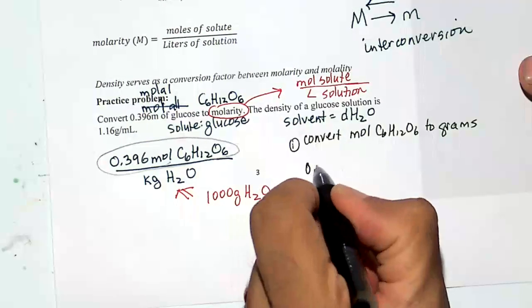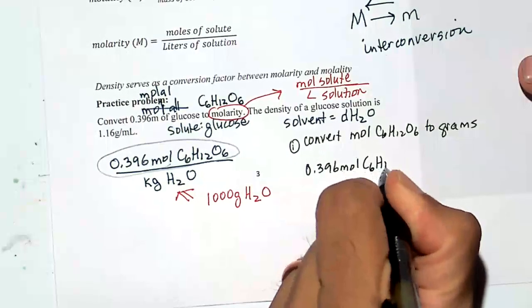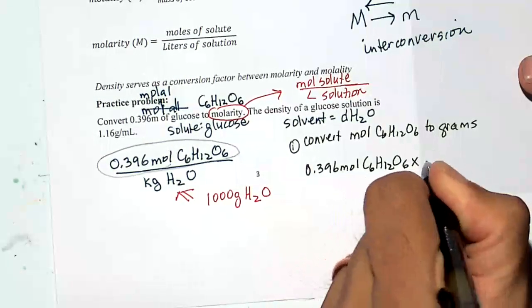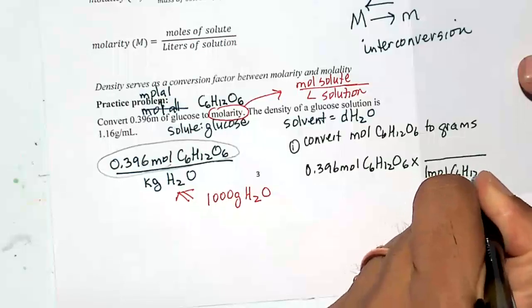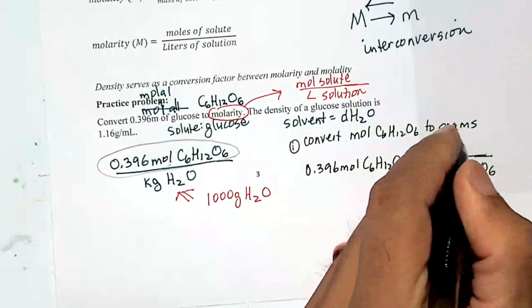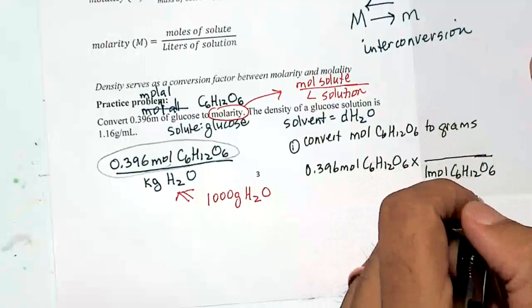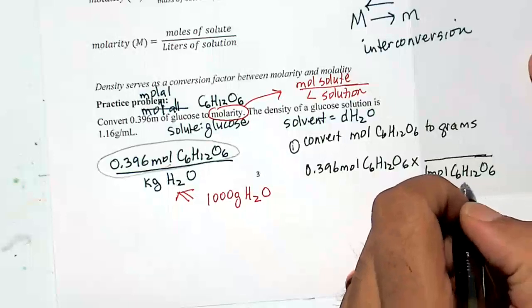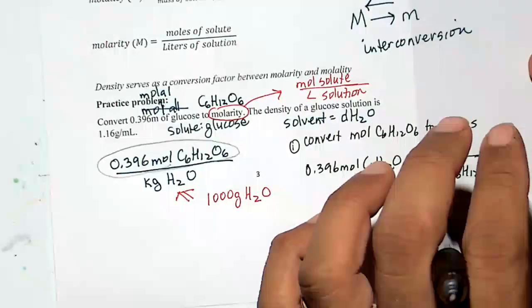We have 0.396 moles of C6H12O6 times 1 mole of C6H12O6, which contains how many grams, give or take? You know how to calculate this. Look at your periodic tables.